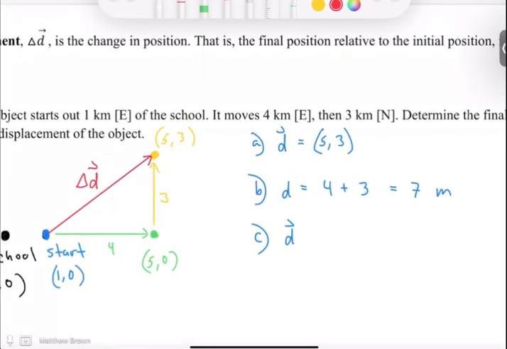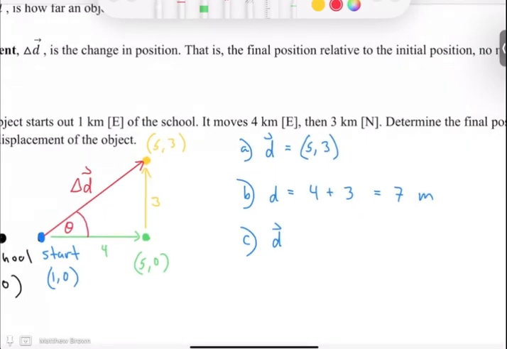I'm imagining you all know the 3, 4, 5 triangle, but for this we could break this apart and even put in a nice angle here. Sometimes we put bars around the displacement like this. This just means absolute value, which means I just want the number. In this case, it means I just want the magnitude, not the direction of it. Because it's a vector, this means I'm only giving you the number.